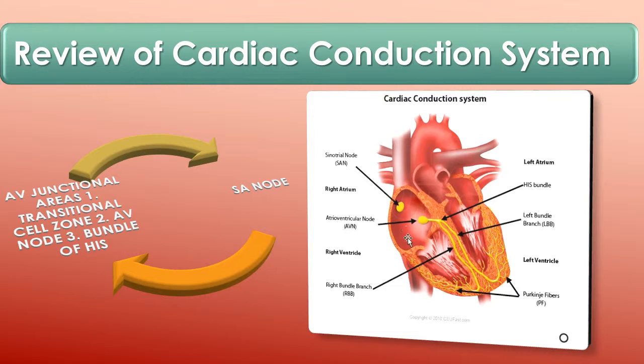It gives that atrial kick that helps cardiac output. And then the ventricles fill. This delay is what we see as the PR segment on the EKG. And then after that, we move to the bundle branch system.